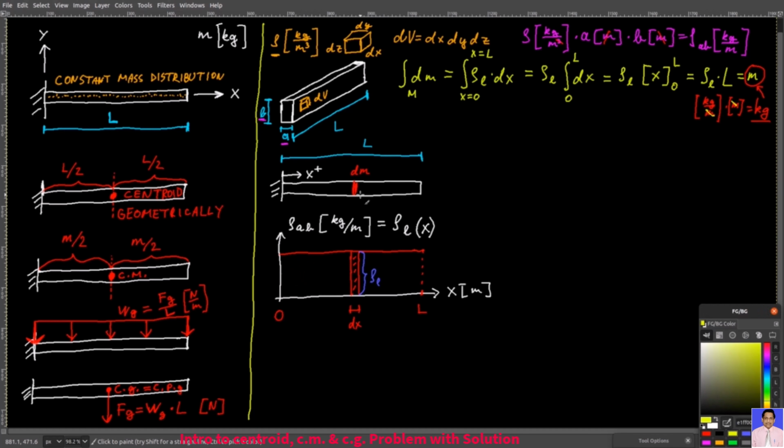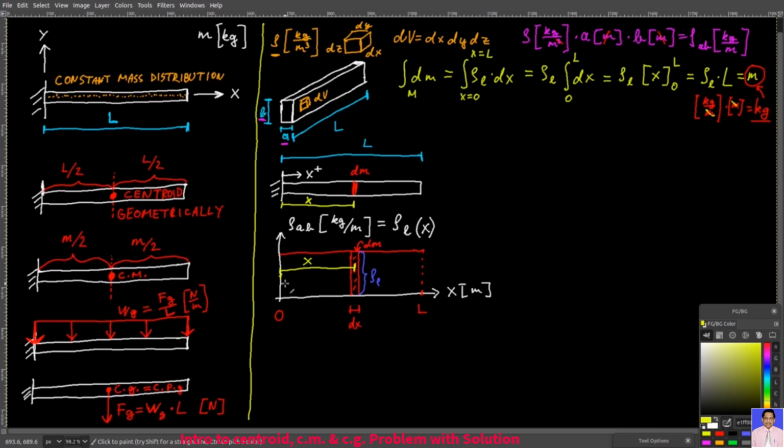But then I can also multiply each dm by its distance from the start of the beam. So here again, this is my dm, the differential area of this section, and this is the distance of dm from the beginning of the beam.